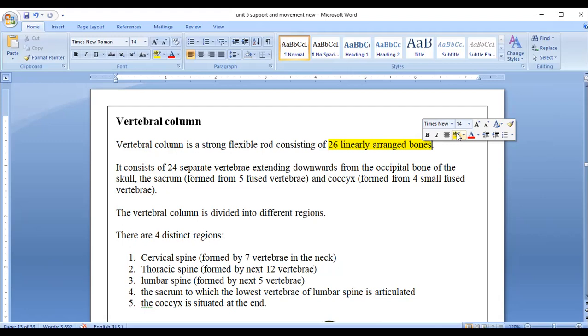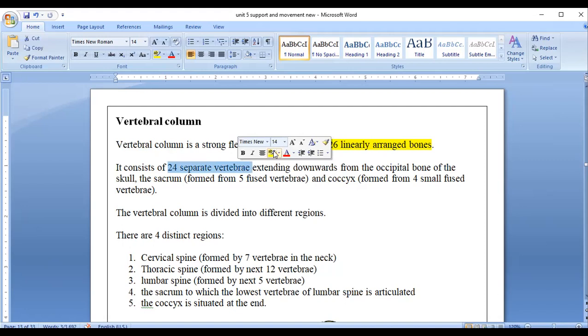Understood? Yes, sir. So, being a flexible one, strong one, but still flexible. In this, how many bones together? 26 bones. Of the 26 bones, 24 are separate vertebrae.